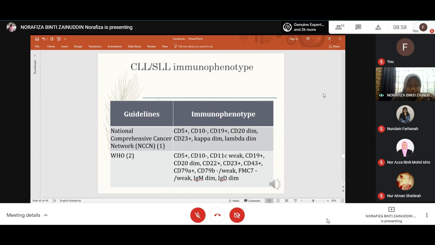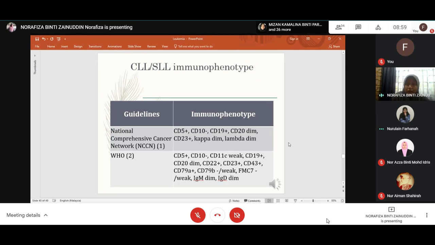According to NCCN, there must be a presence of CD5 positive, CD10 negative, CD19 positive, and CD20 dim. For WHO, there must be a presence of CD5, CD10 negative, and also CD19 positive. Slightly different from the NCCN framework.